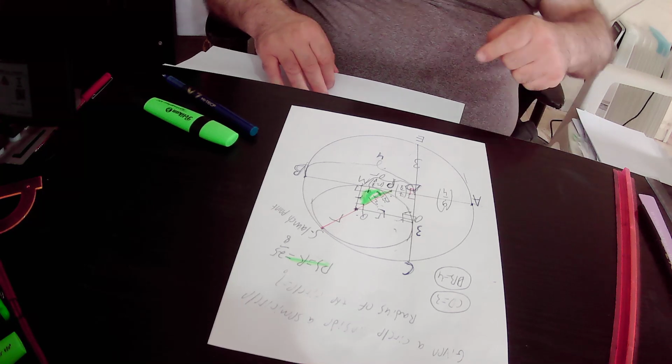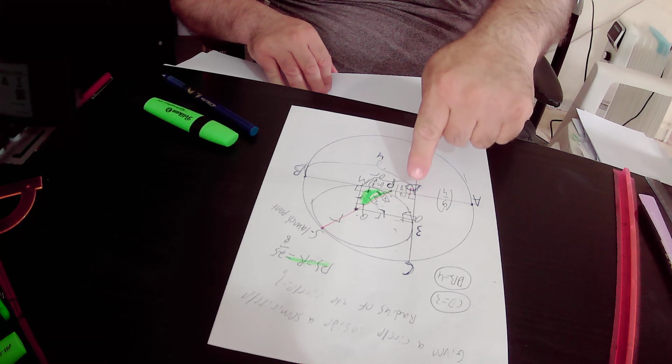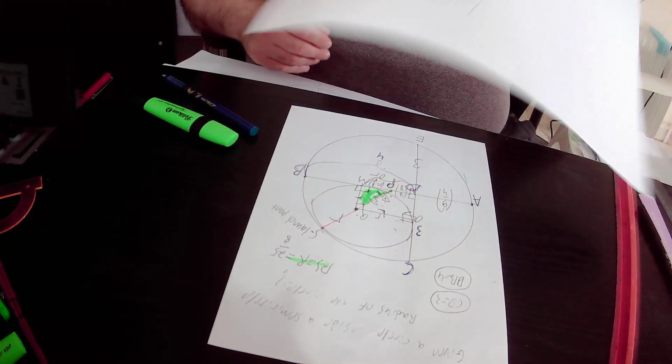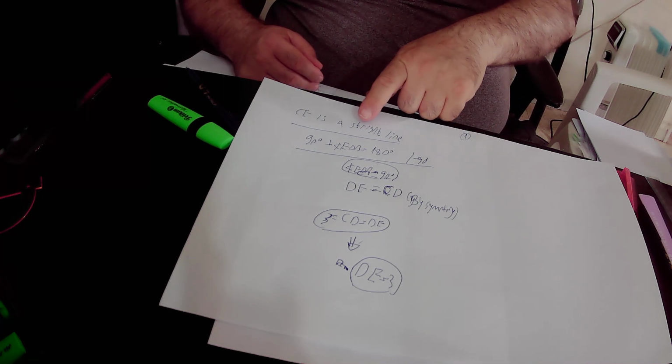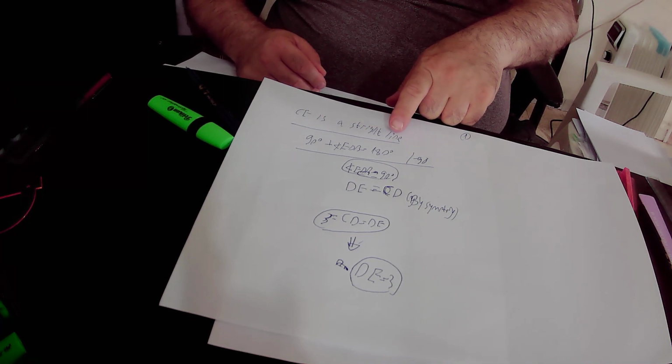So which angles do we have at this side of CE at point D? We have here 90 degrees and angle EDB. So 90 degrees plus the size of angle EDB must be equal to 180 degrees, according to the rule that the sum of the angles on one side of a straight line is equal to 180 degrees.